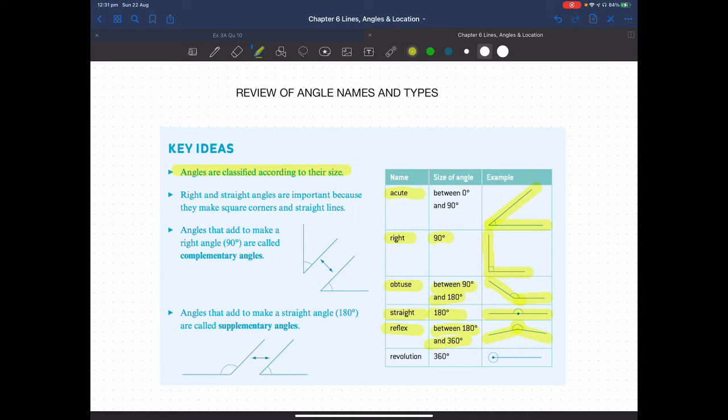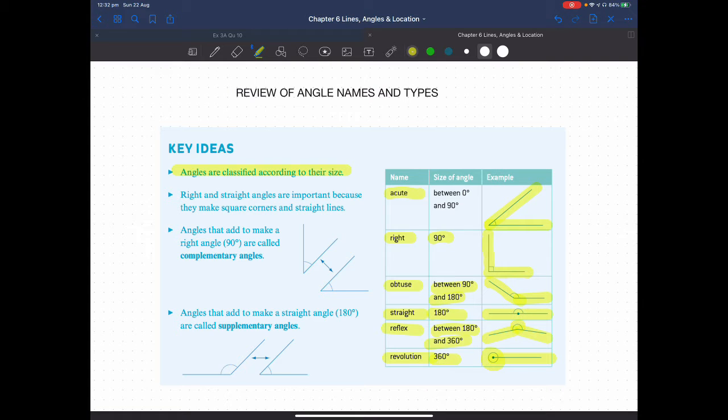If our lines join together at the same point to form just one straight line, then the angle between them is 360 degrees. Once around the circle, that's called a revolution.